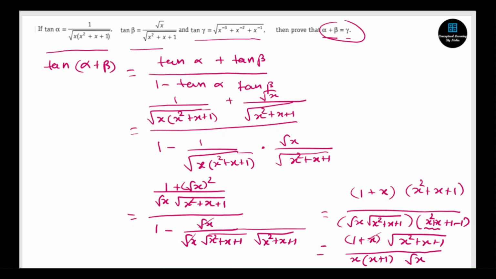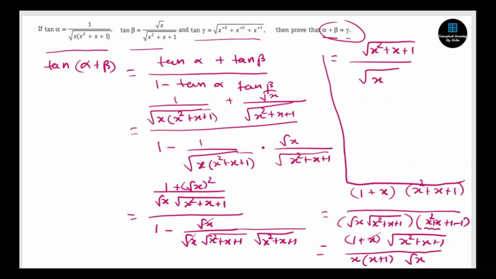Now I can simplify this as, I'm writing it here, square root of x square plus x plus 1 over square root of x to the power.